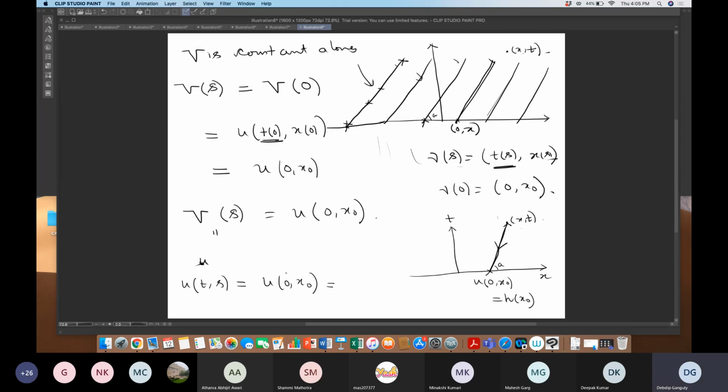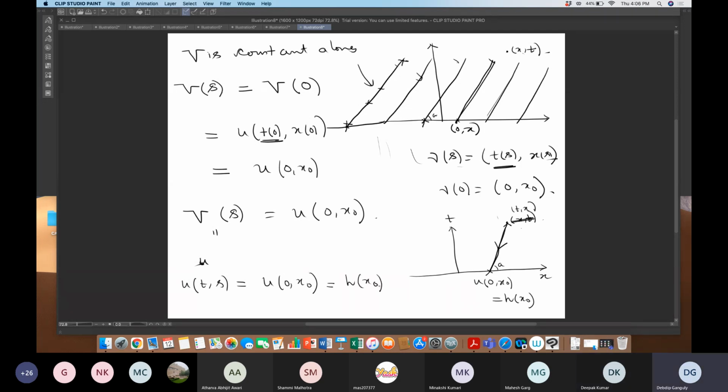What is the value of x naught? It is clear now: u of h of x naught. Okay, that is okay.